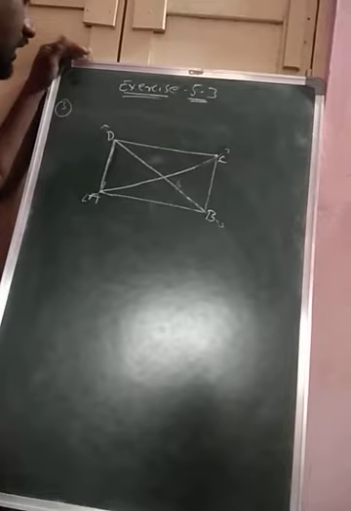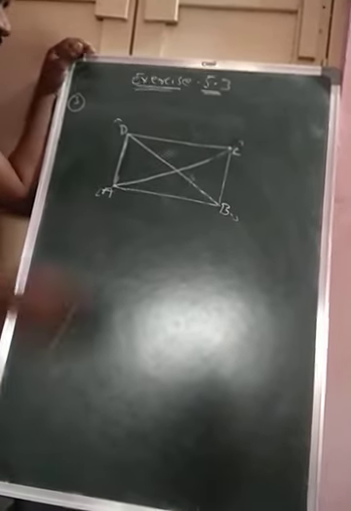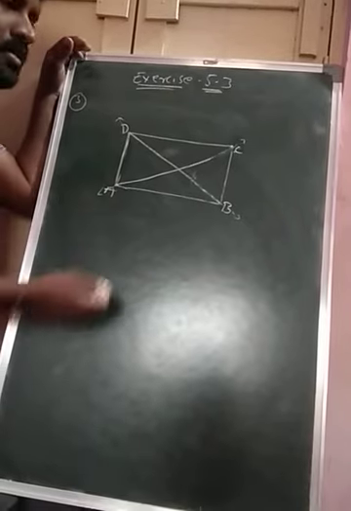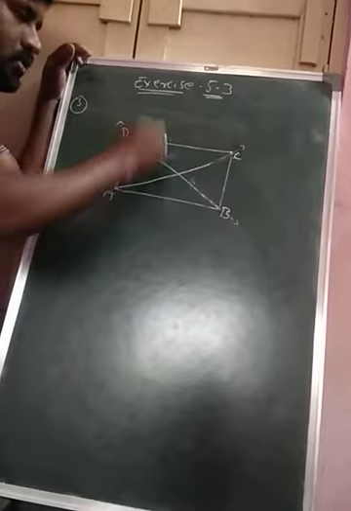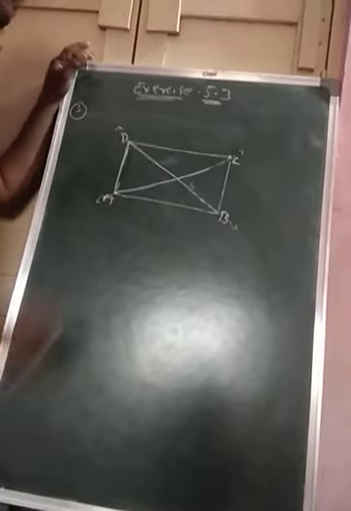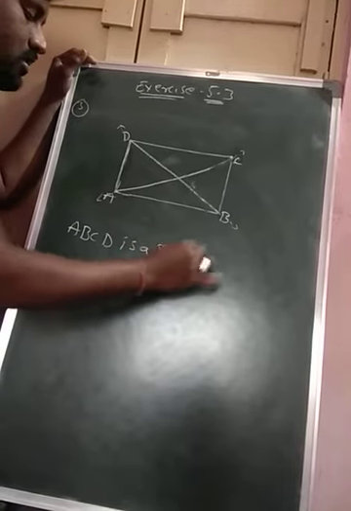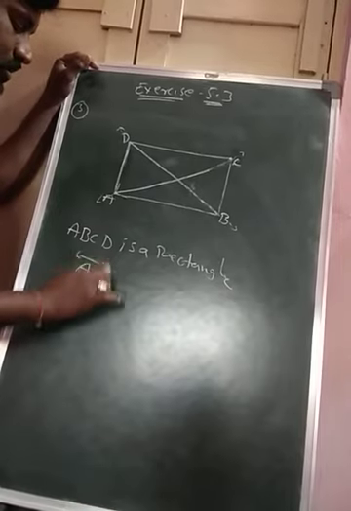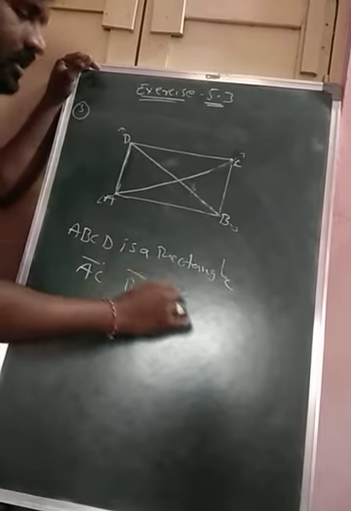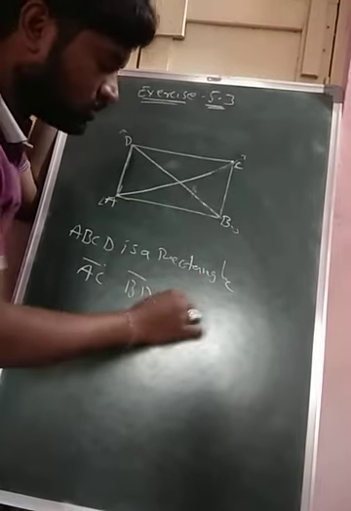Okay, students. Now see exercise 5.3, third question. ABCD is a rectangle. Here AC and BD, these two are the diagonals.